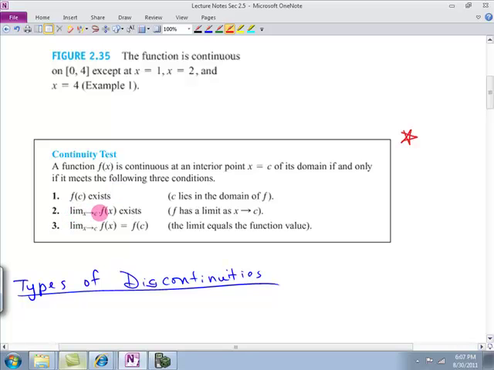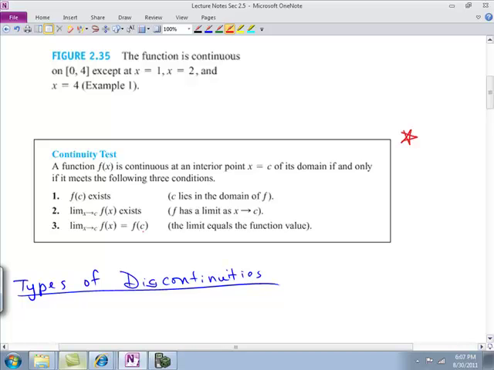The limit as you approach c has to exist. So there has to be a limit. It can't be that the limit doesn't exist because it's doing this. f of c has to be defined. The limit has to exist. And then those two things have to equal each other. The limit as x approaches c of f of x has to equal f of c.